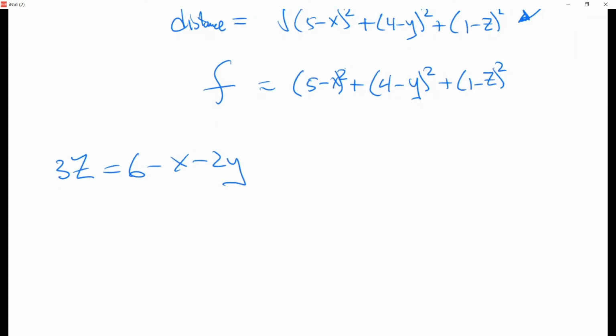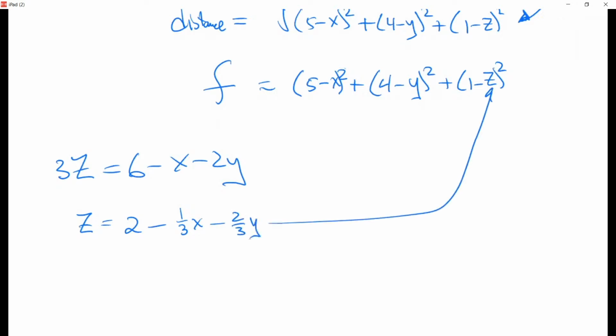So 3z is equal to 6 minus x minus 2y, which means z is equal to 2 minus 1/3 x minus 2/3 y. So I'm going to shove that up here into f, and now I've got a function 5 minus x squared plus 4 minus y squared plus 1 minus 2 minus 1/3 x minus 2/3 y.